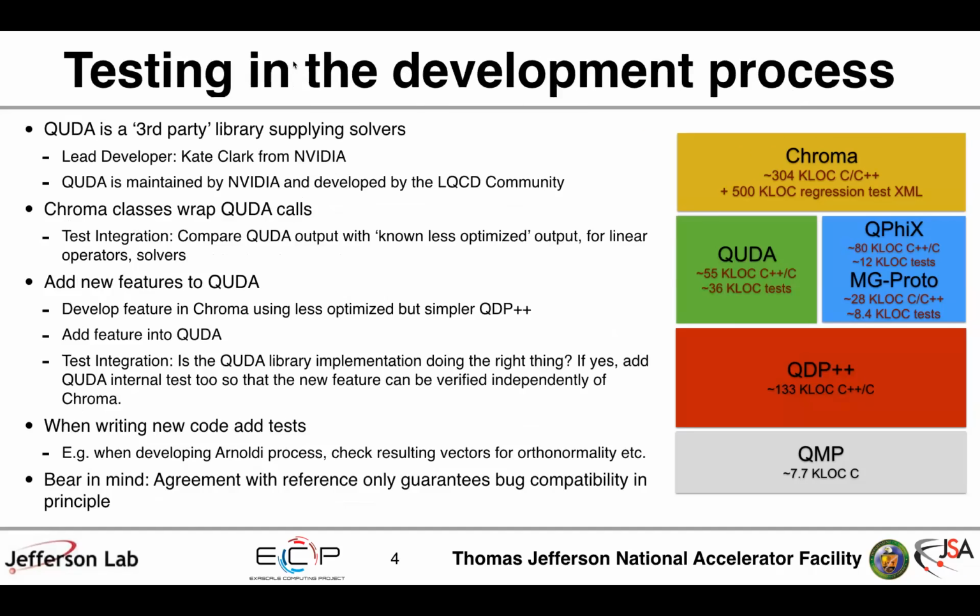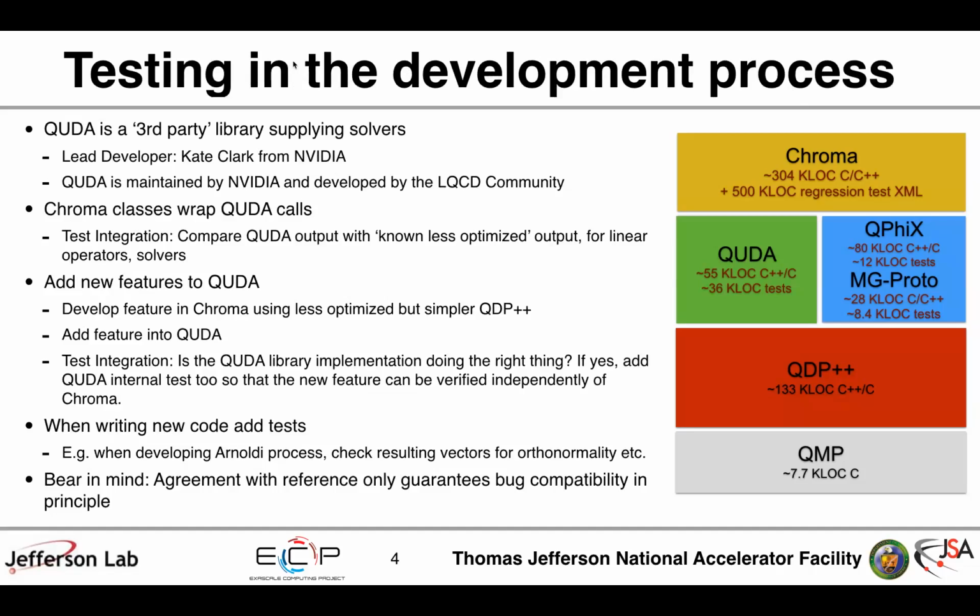Moving on to slide 4. So how do I do the tests? What kind of tests can we do? QUDA is a third-party library that supplies the solvers we use. The lead developer is my friend and colleague, Kate Clark from NVIDIA, and it's maintained by a fairly large community. Three or four developers at NVIDIA, I think, work on it, and it's also being developed by the Lattice QCD community worldwide.